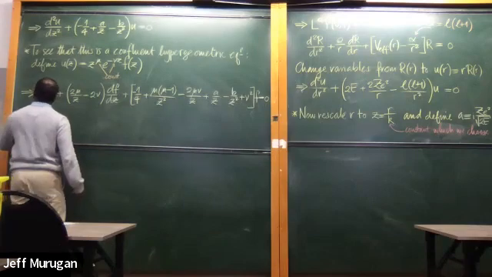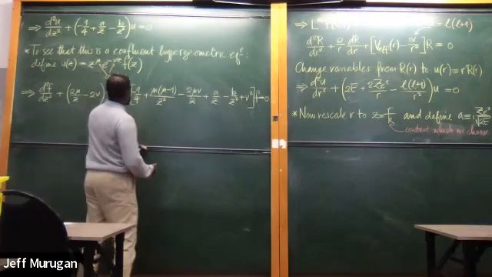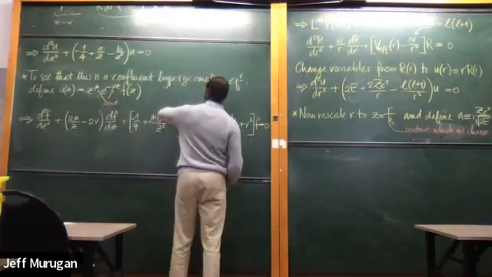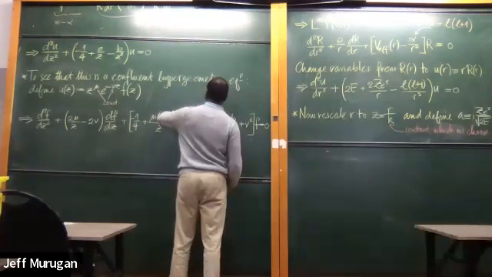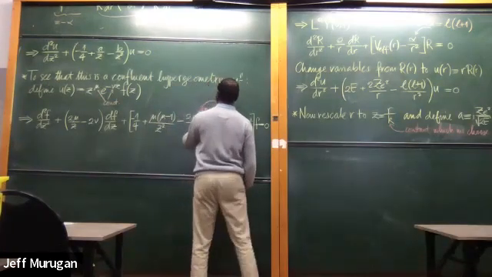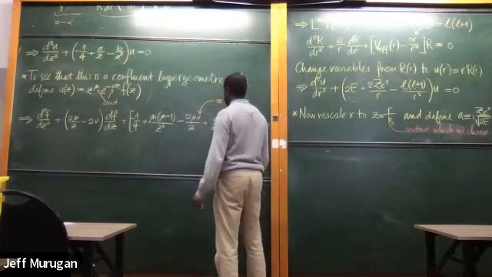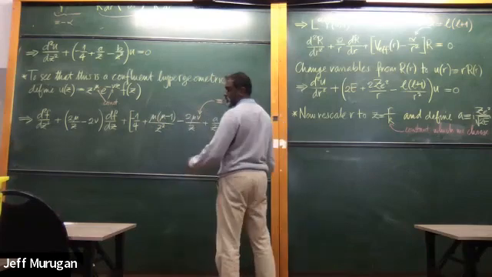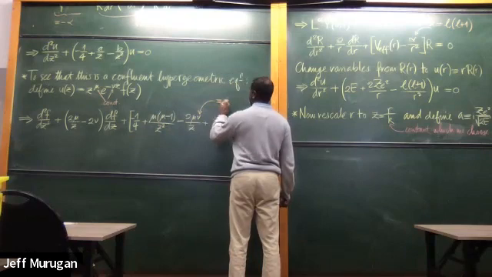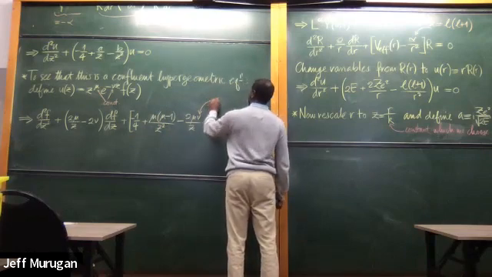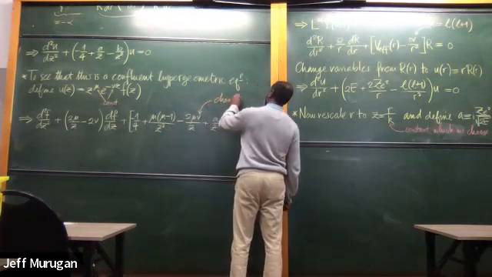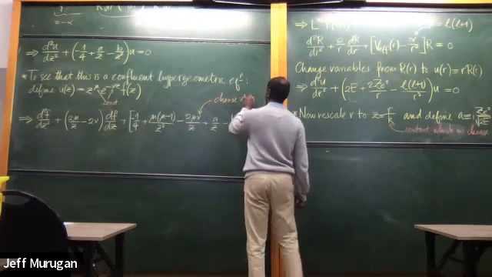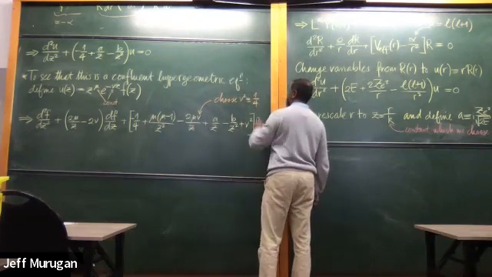Now choose mu to be the square root, we choose the square to be plus 1/4.